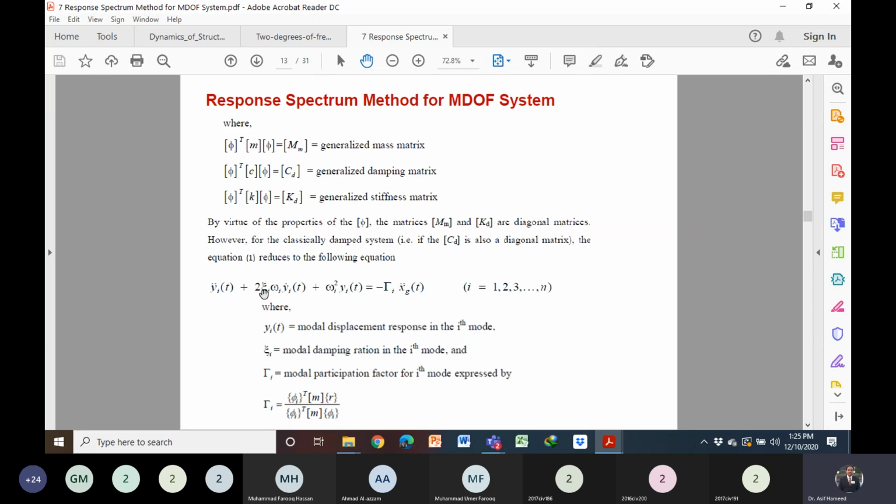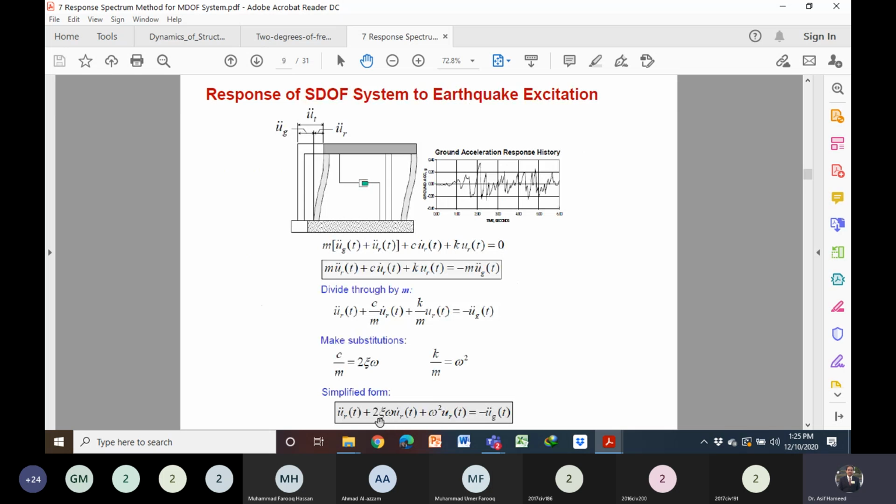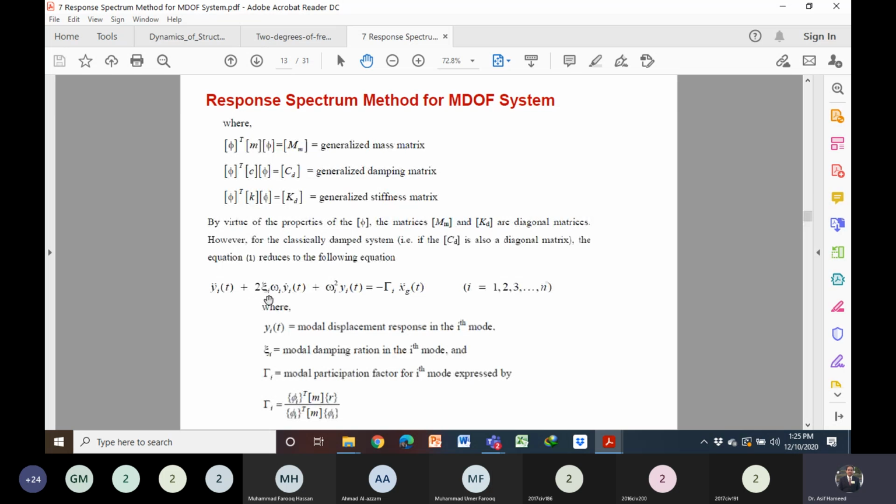We did it just now. C over 2M is zeta omega n. Okay? And C matrix divided by M matrix will be equal to 2 times zeta i. We will have n values of omega n. So simply look at here, 2 times omega n here, but here we will have 2 times zeta i omega ni.